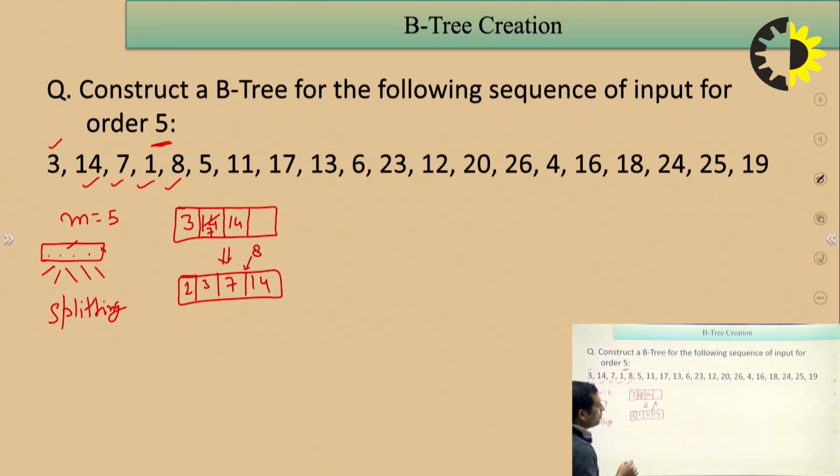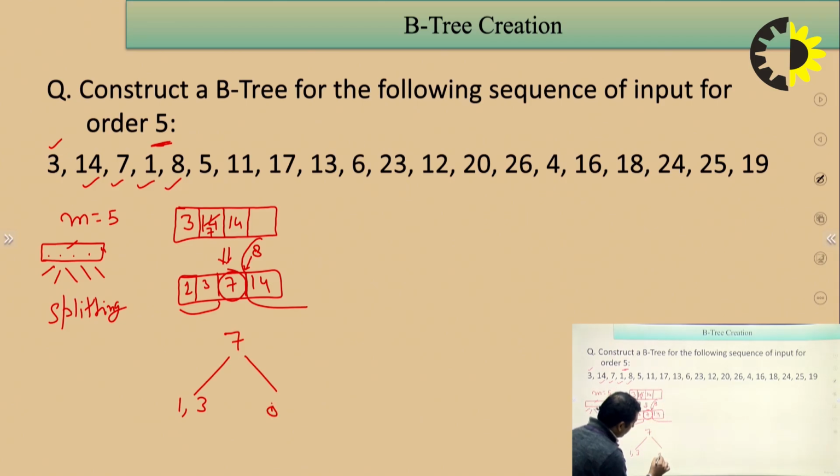The midpoint of 5 is 3, the third key. Split from this point, and the tree grows upward. So this 7 goes upward, and the split gives two parts: 1 and 3 come to the left side of the 7, and 8 and 14 come to the right side. So our tree becomes in this manner.